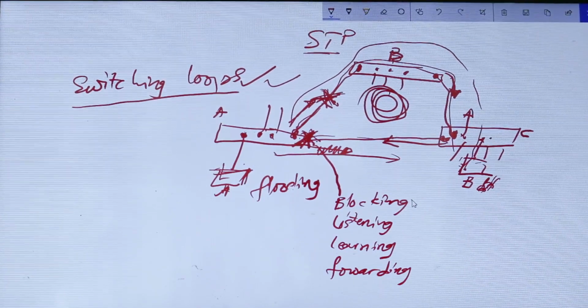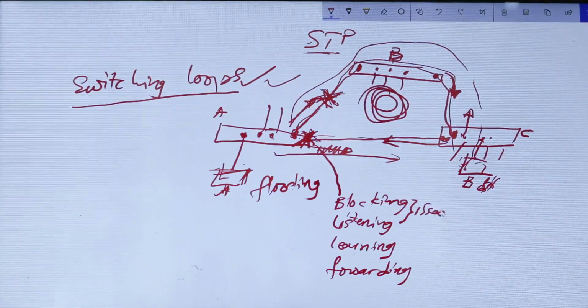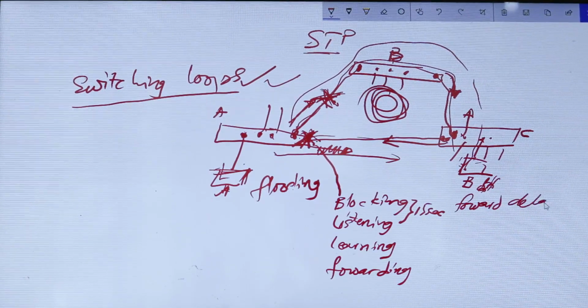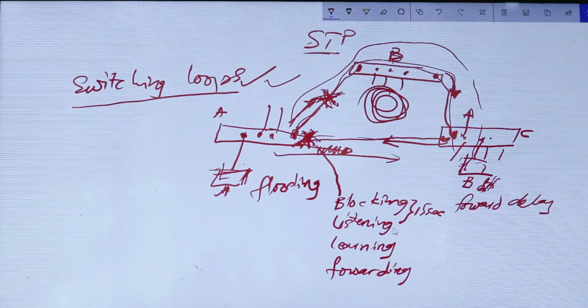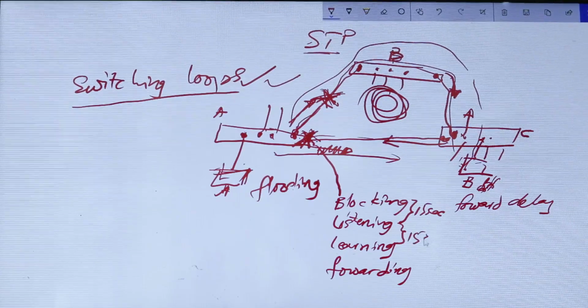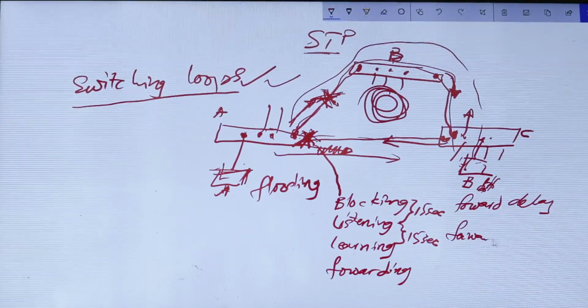From the blocking state to the listening state is 15 seconds. We call it the forward delay. From the listening state to the learning state is another 15 seconds, which is also called the forward delay.